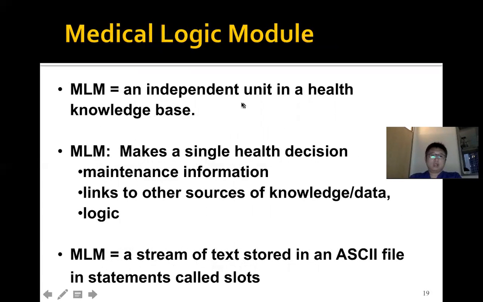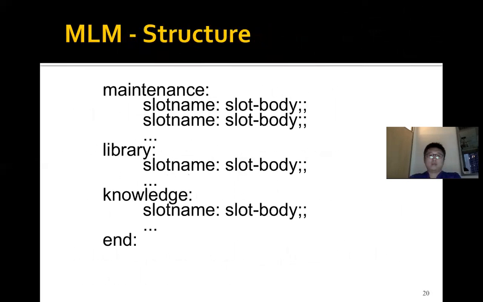Here is the medical logic module. We already explained that it's a kind of knowledge base. We will go through those slides more quickly, but I want to let you know practically how we create knowledge.